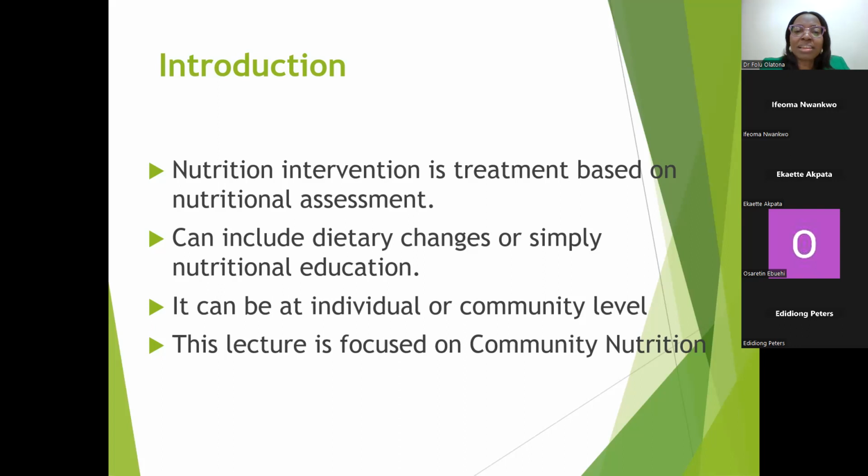Because we are dealing with community now, you must get the idea of the stakeholders in that community, the community leaders, what they consider as their problem, and then you merge it with what you assess in an objective way through research.